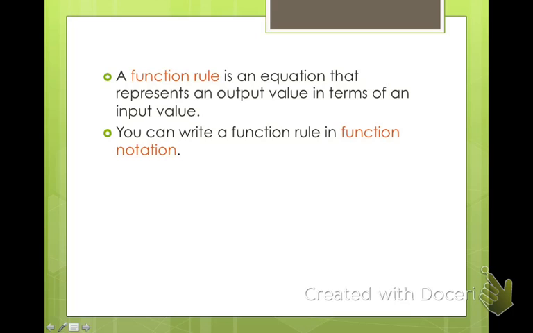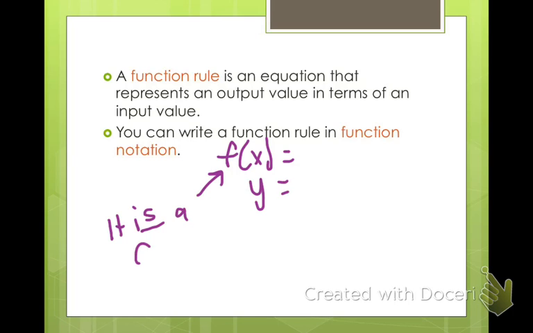And you can write a function rule in function notation. If you've ever seen f of x equals something, that's the same as y equals something, but all this is saying is it is a function.